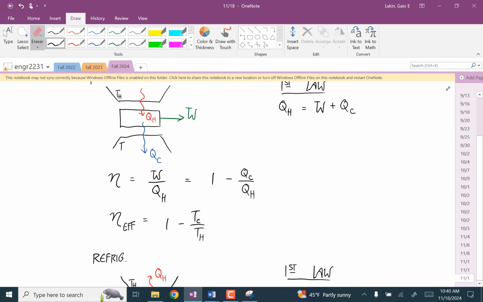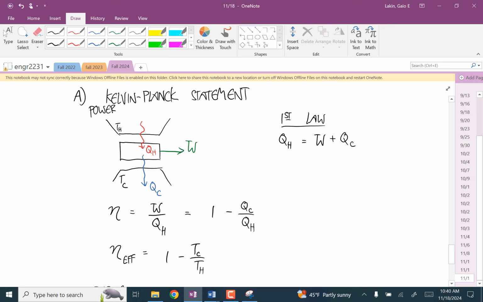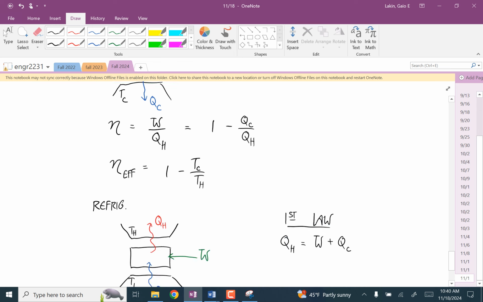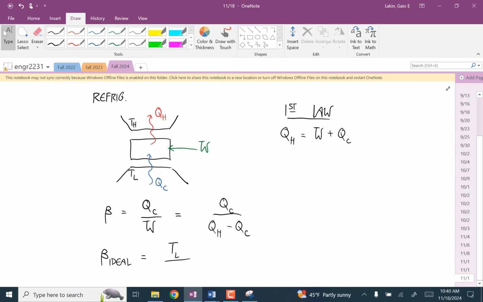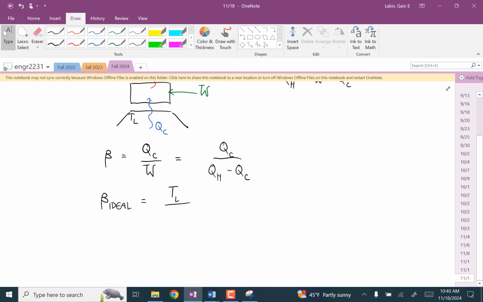Instead of low, let's call everything C for cold. Now I think all those match. And now let's do that up here. Okay, so we have TC over TH minus TC.